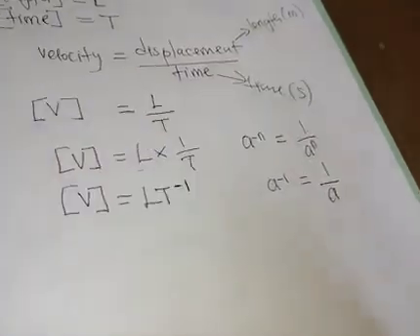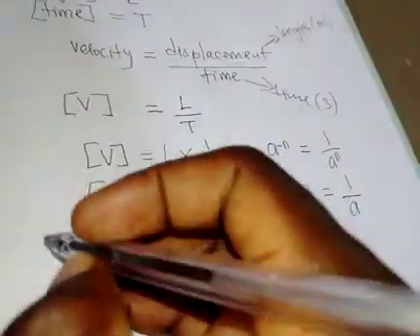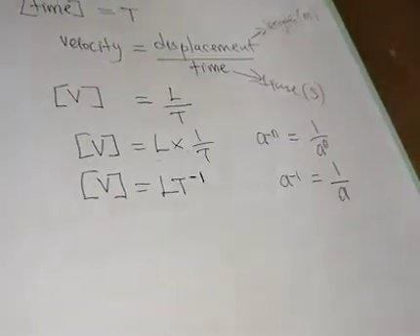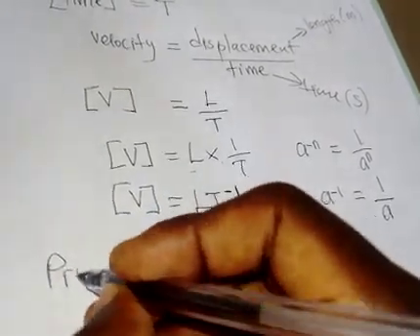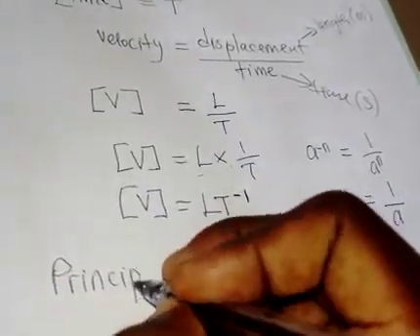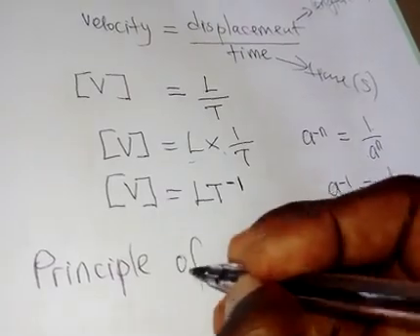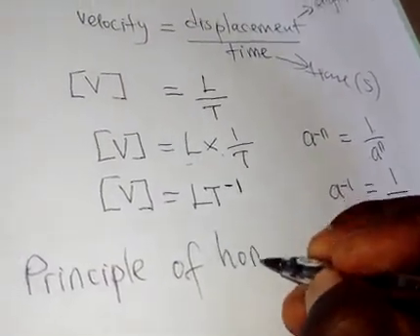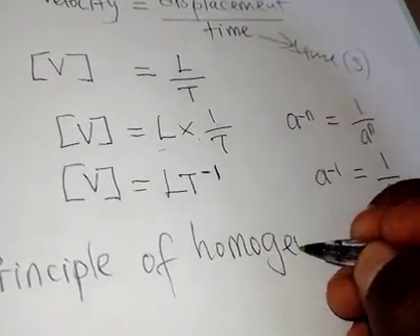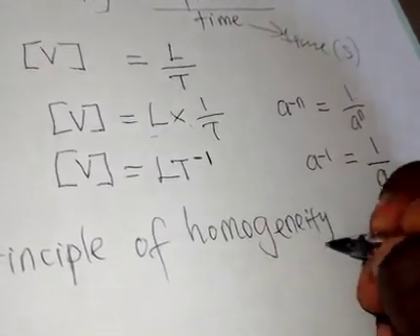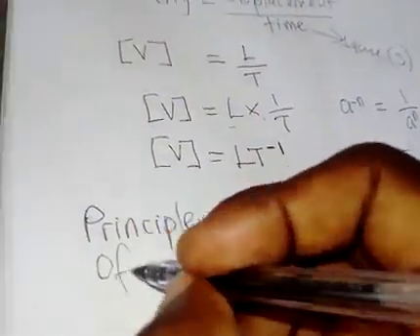From there we can proceed to what we call the principle of homogeneity of dimensions.